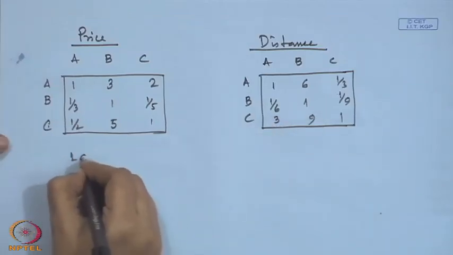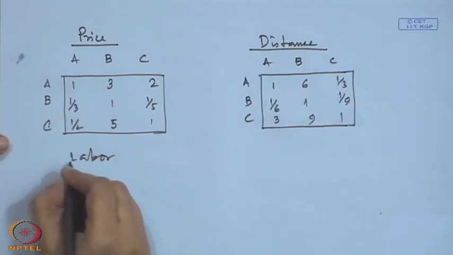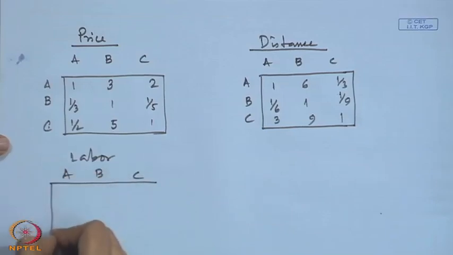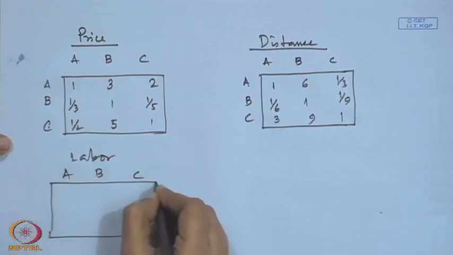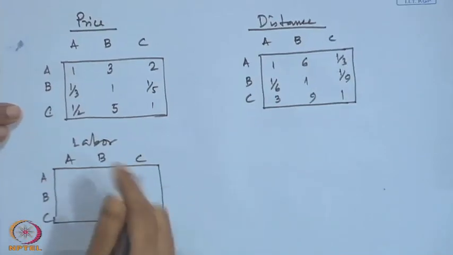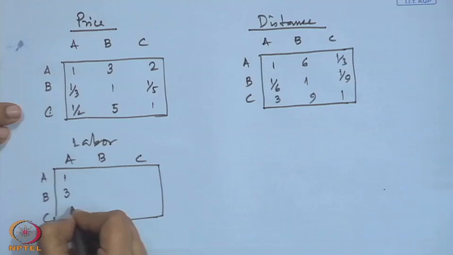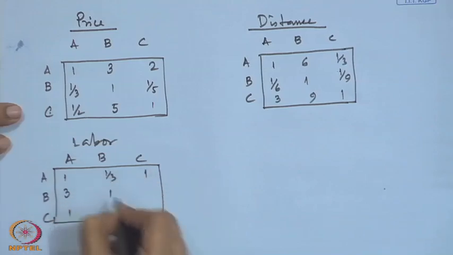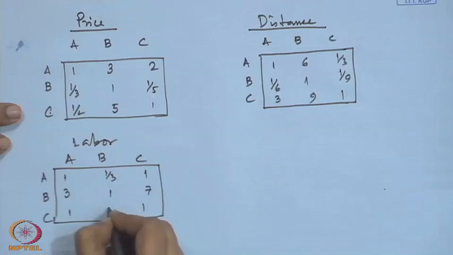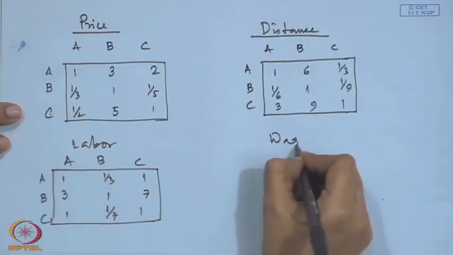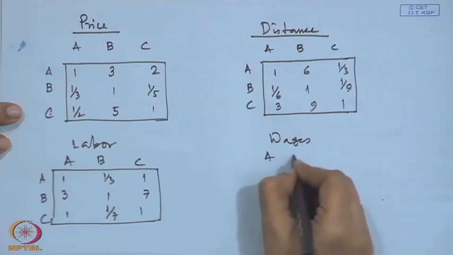This is the information regarding labor, quality of labor, and next is the cost of labor.